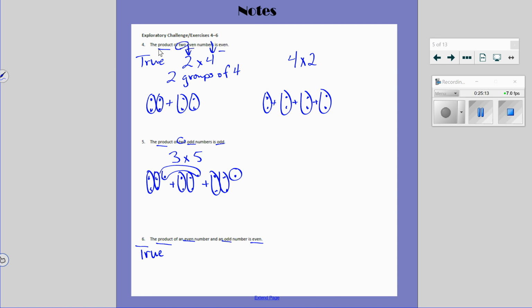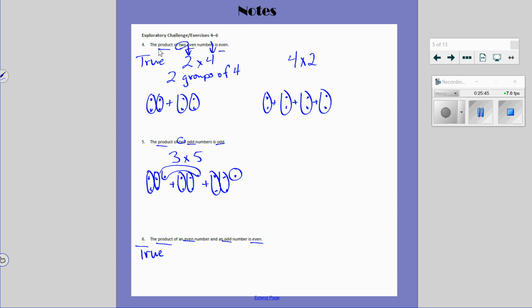No. Why not? Okay, if I did times 9, what would happen? Sometimes it would give you an odd and sometimes it would give you... Why? No. If I did 9 times another odd number, what's going to happen? It's always going to be odd, because if I've got an odd number of an odd number, there's always going to be 1 left over at the end, right?